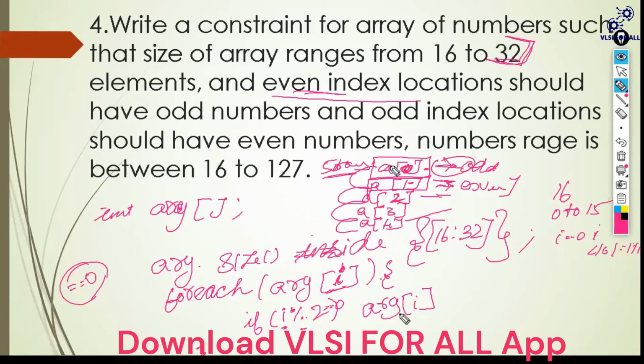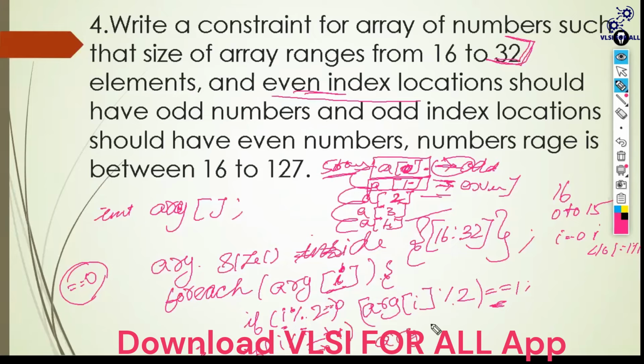So I am telling array a of I mod 2 equal to 1. If it is even, then it should be odd, right? That value should be 1, right? If I mod 2 equal to 1, that means this index is odd.